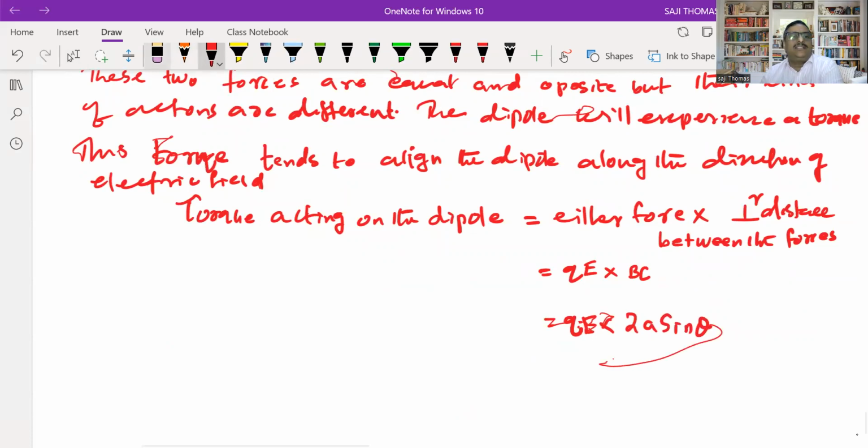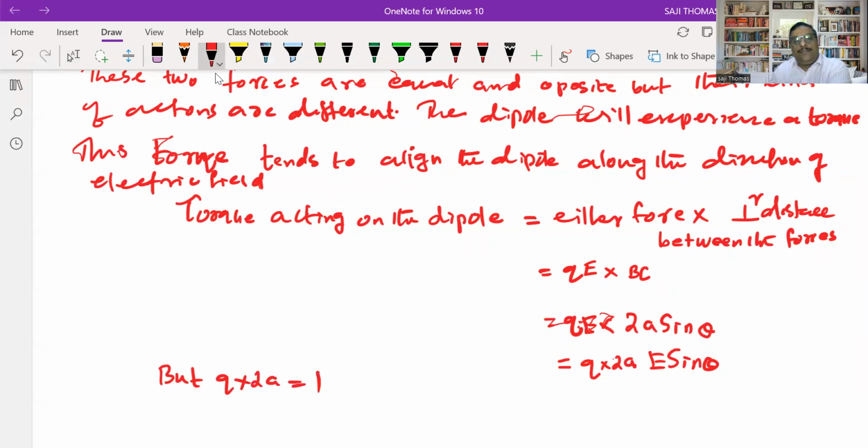This I write as Q into, I am writing 2A first, into E into sine theta. And you learned Q into 2A. What is Q into 2A? Electric dipole moment. Q into 2A equals P, electric dipole moment.